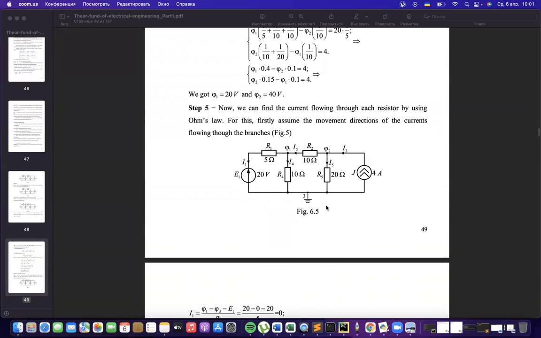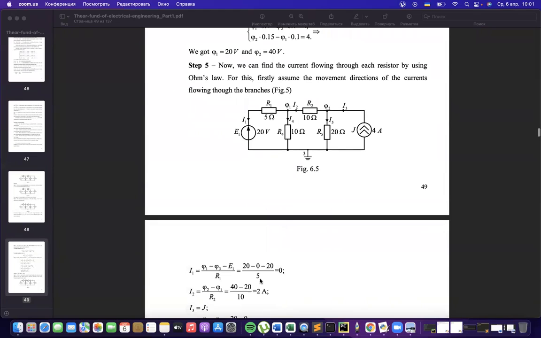After we get them, we can find all currents. If we know all potentials, 0, 20 volts, and 40 volts, starting from them we can find all currents.